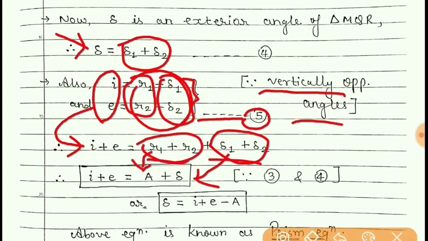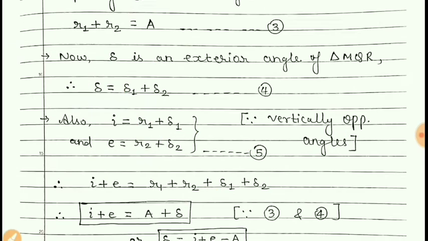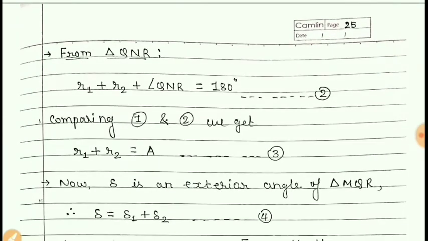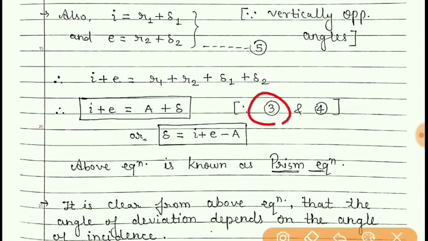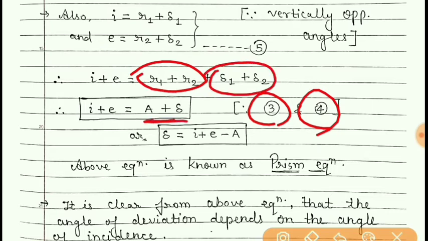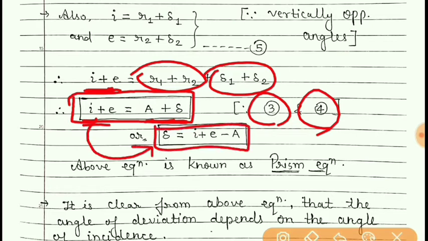It is A. See here, R1 plus R2 is A. So from equation number 3 and 4, we have written A and delta. On the right hand side, and the left hand side, it is the same. So this equation is known as the equation of prism. This equation can also be written in terms of delta like this, but it is easy to remember this: I plus E is equal to A plus delta.